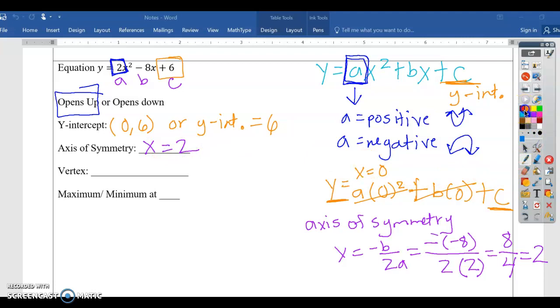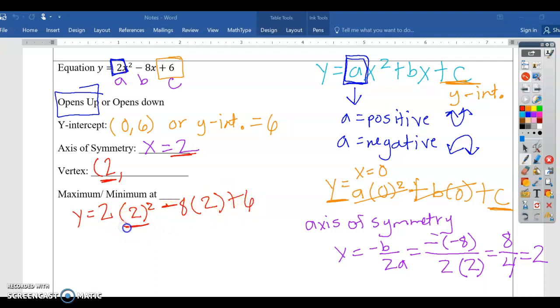Okay, so now when we find my vertex, we already know that the x-coordinate of the vertex is 2. Because remember, the axis of symmetry and the x-coordinate of the vertex are the exact same. So we need to know how to find the y value. So all we're going to do is we're going to take this equation and we're going to plug in 2 for x. So we have 2x squared, so that's 2 times 2 squared, minus 8x, so that's 8 times 2, plus 6. And now I'm just going to evaluate this.